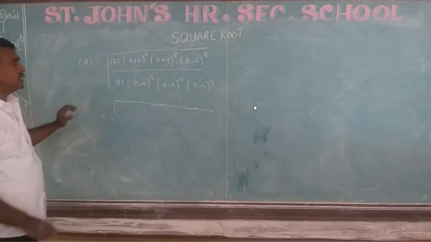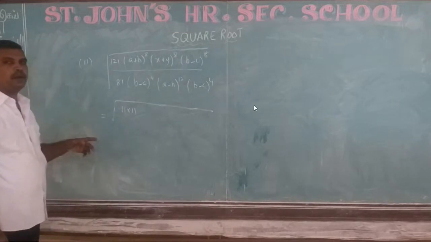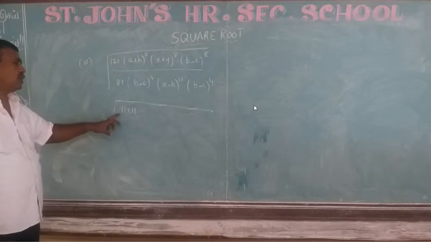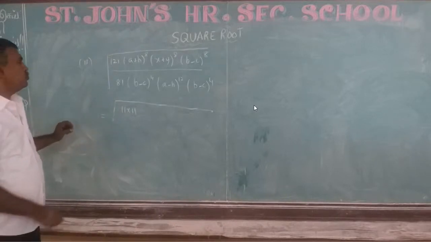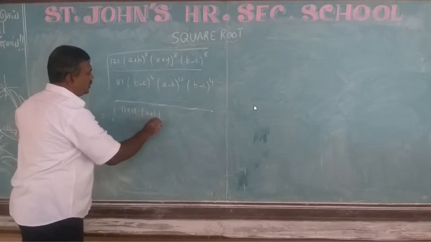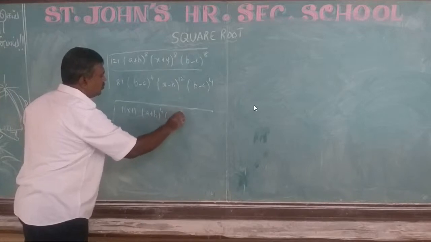121 can be written as 11 into 11. The square root of 121 is 11. The a plus b the whole power 8 we can split into two same values: a plus b the whole power 4 into a plus b the whole power 4.